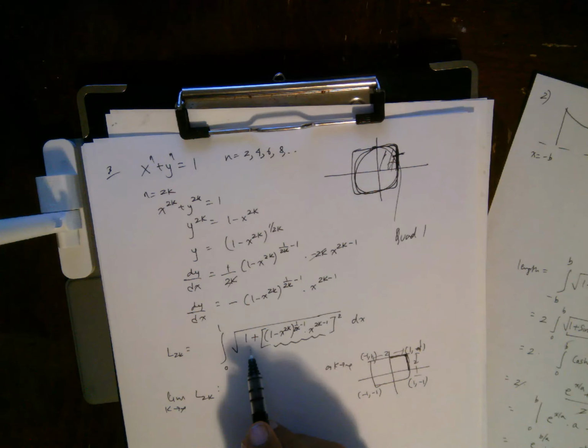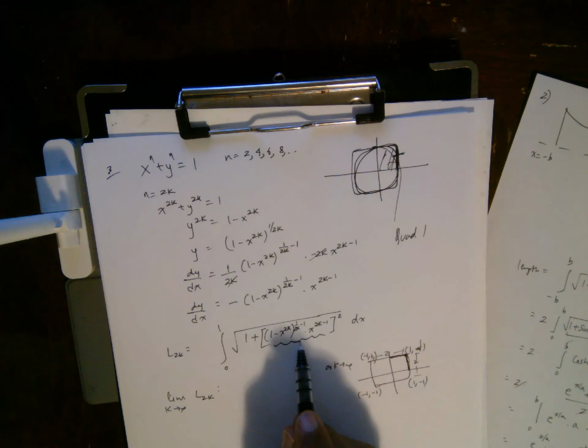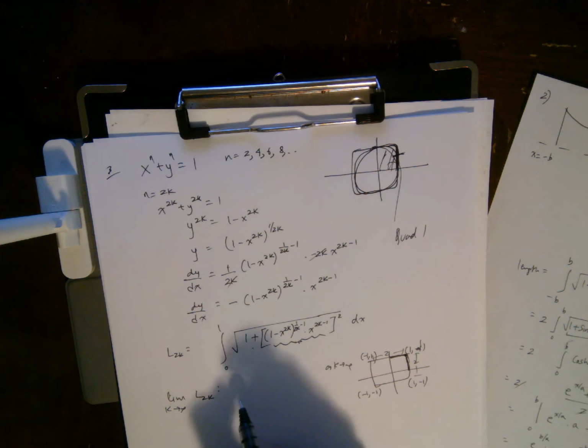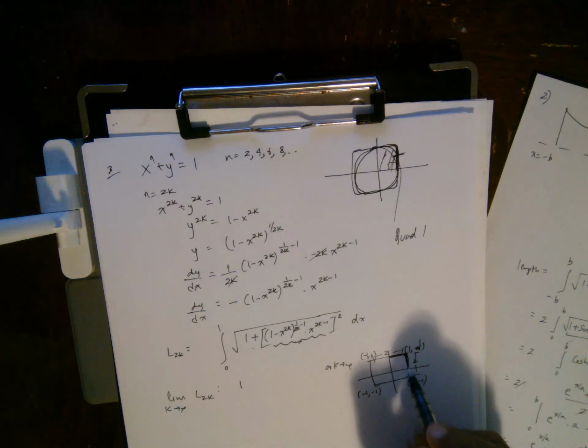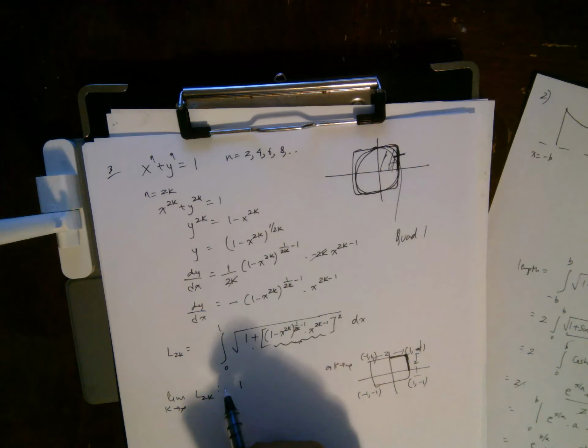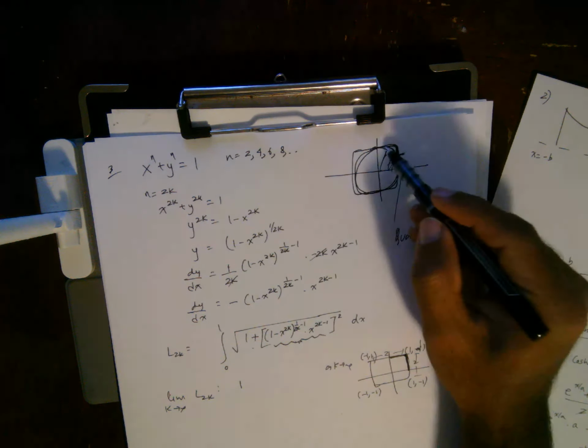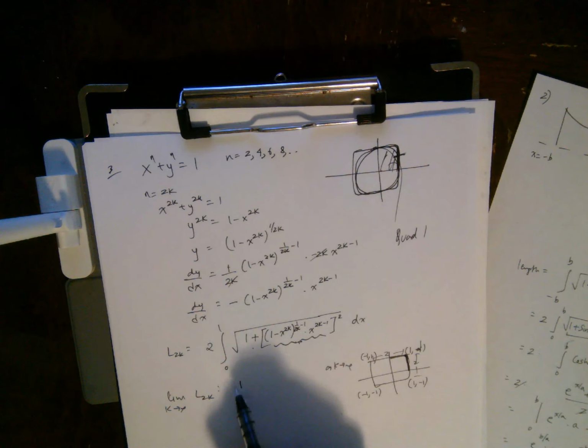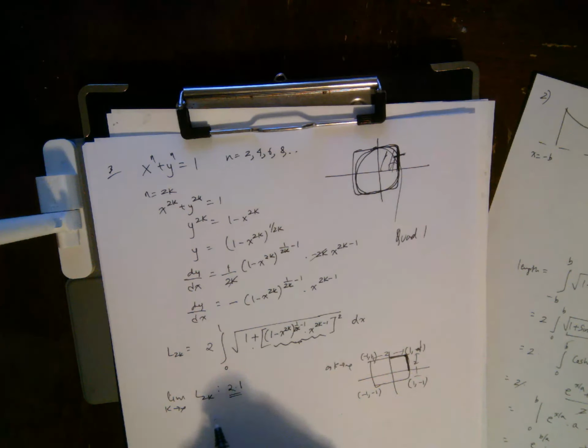In which case this would just become 0, giving us this length to be 1 for one of these branches. So to cover for both branches in quad 1, I need a 2 times, and then I have 4 of these, giving me 2 times 4, which is 8.